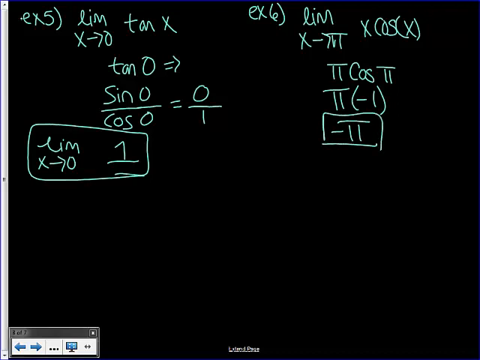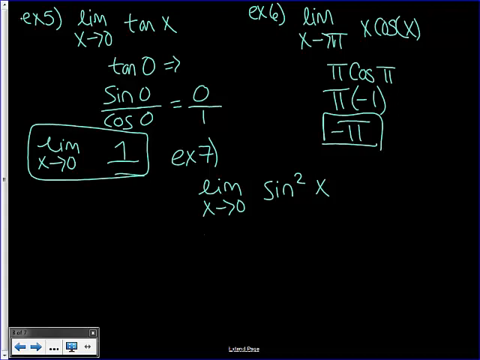Now let's do one very last one, all right? Call it example 7. I think I have enough room here to stick it on. The limit as x approaches 0 of sine squared x. All right, well, the first thing I'm going to do is I'm actually going to rewrite that sine squared x to make it look more friendly.